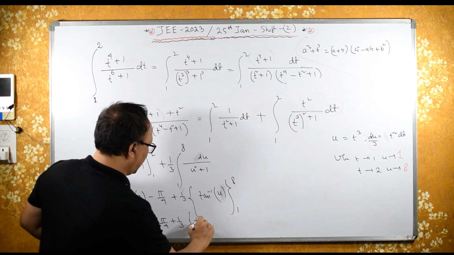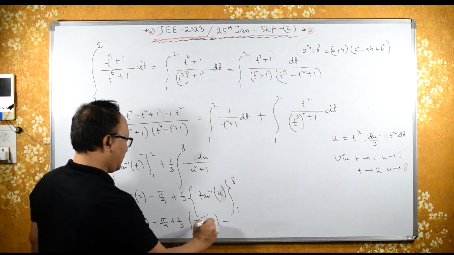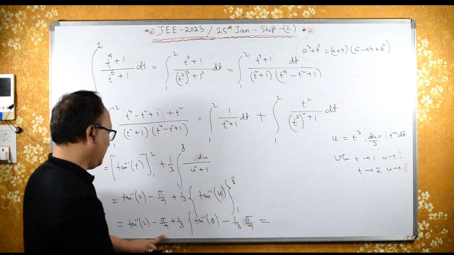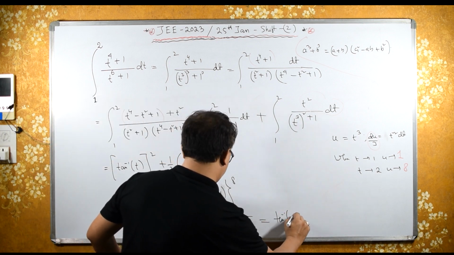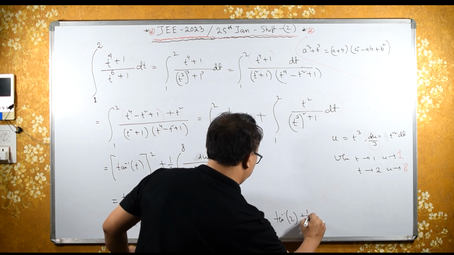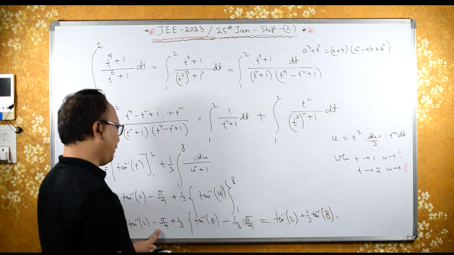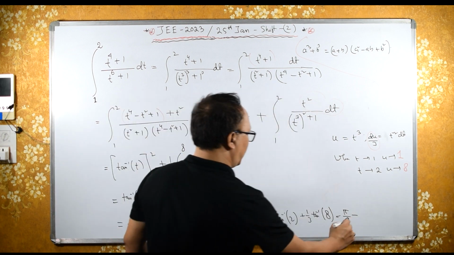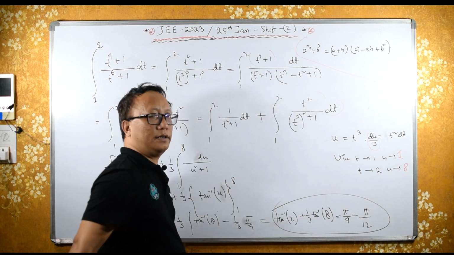Here the upper limit is tan inverse 8 minus 1 by 3 tan inverse 1, which is pi by 4. So here we have tan inverse 2 plus 1 by 3 tan inverse 8 minus pi by 4 minus pi by 12. This is the required answer.